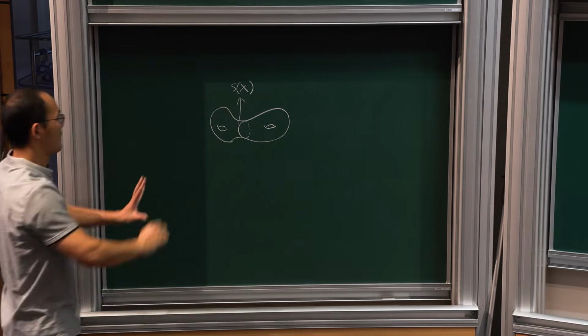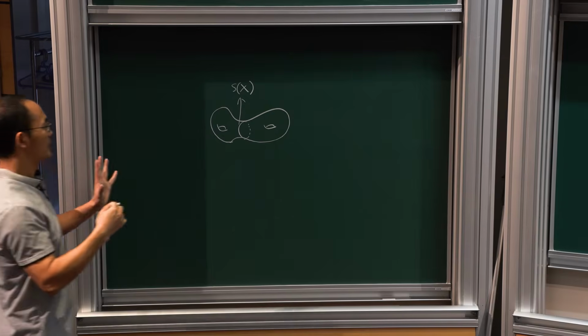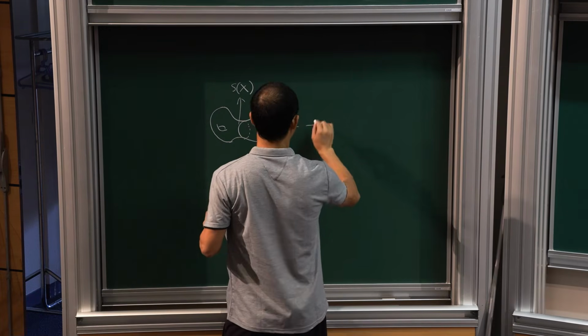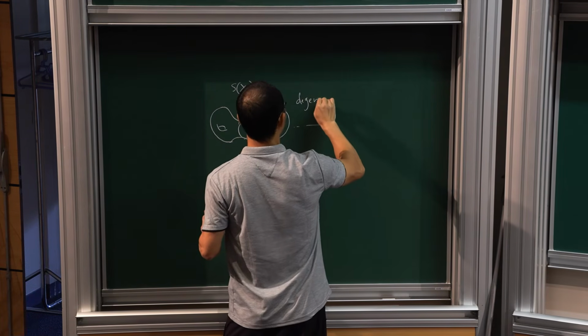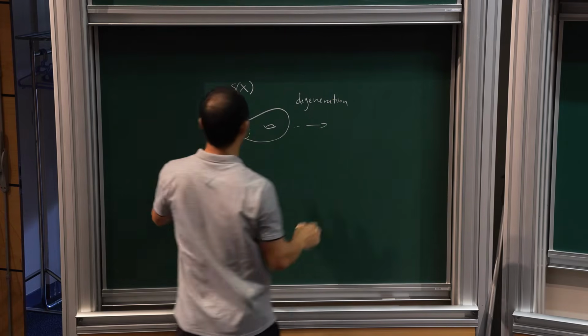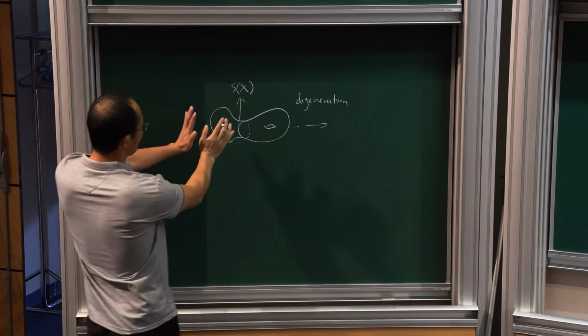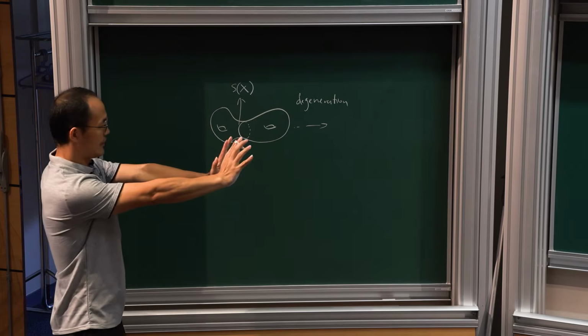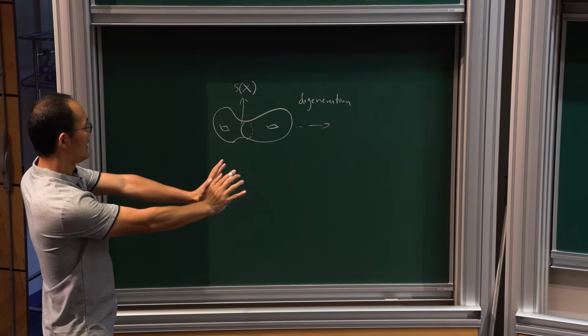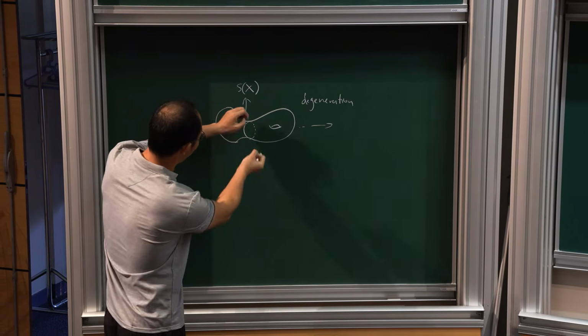And if you do degeneration, you imagine your Riemann surface goes to the boundary, to the compactification of M_g, and this one will get shorter and shorter.